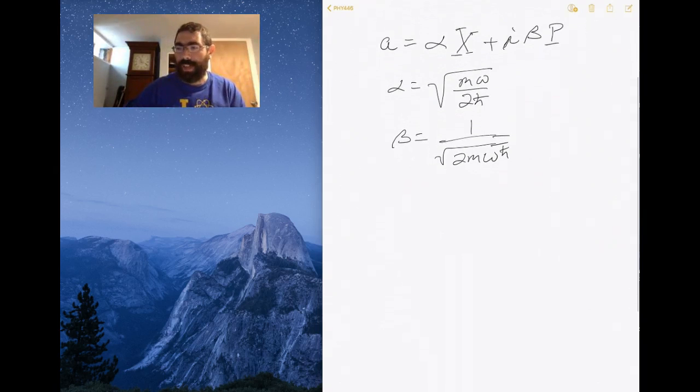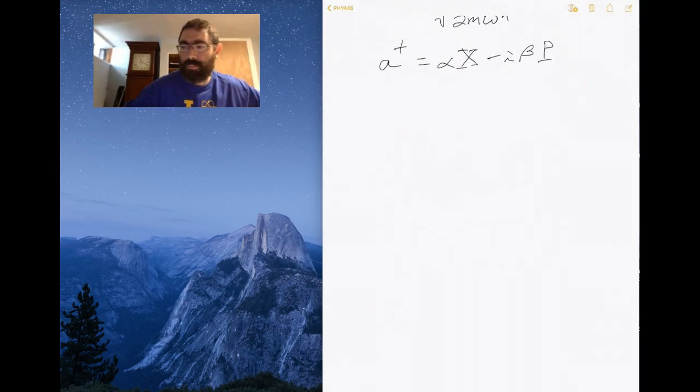And then we can write the adjoint of that as A dagger, alpha x minus i beta times the momentum operator.